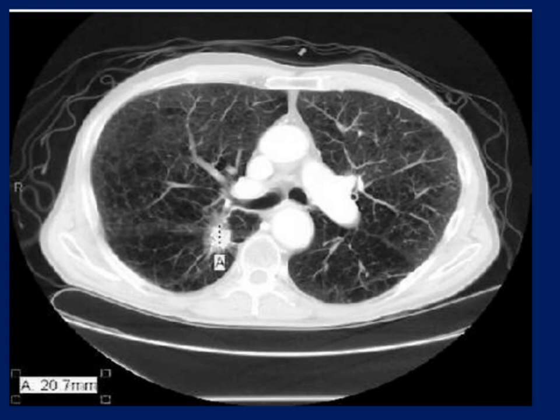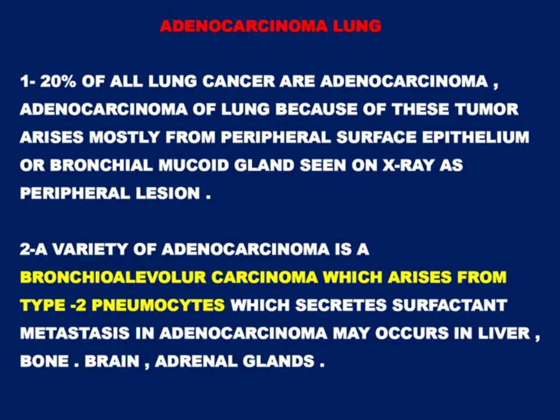By chest X-ray, you cannot go very deep into the radiological imaging, but you can see here a proximal bronchial mass lesion which is pushing the trachea towards the opposite side, that means the right side. So this proximal bronchial lesion is typically squamous cell carcinoma, usually found in this picture.